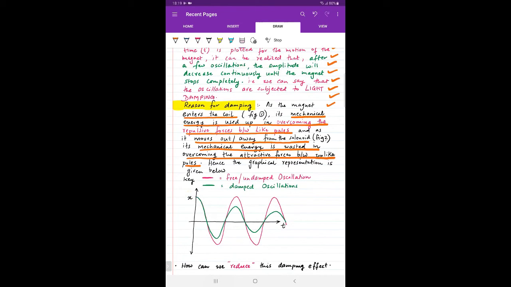If you look at the graph which is constructed with the red color, and let me highlight that for you, the red colored graph where the amplitude appears to remain constant, based on SHM, simple harmonic motion, can simply be referred to as an example of free oscillations or an example of undamped oscillations. Remember, free oscillations or undamped oscillations were those in which the amplitude remains constant throughout.